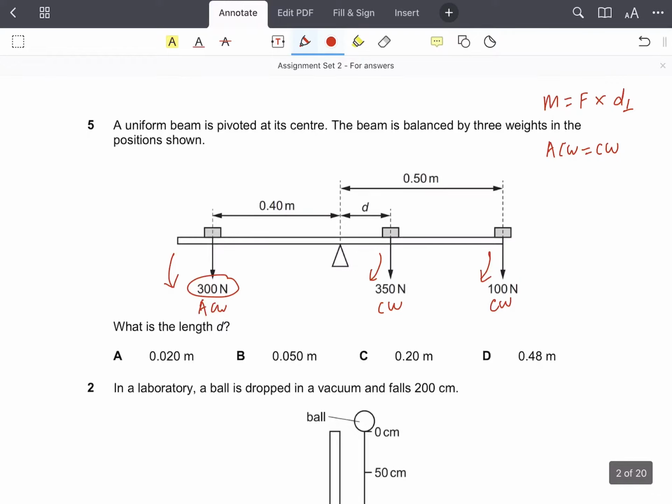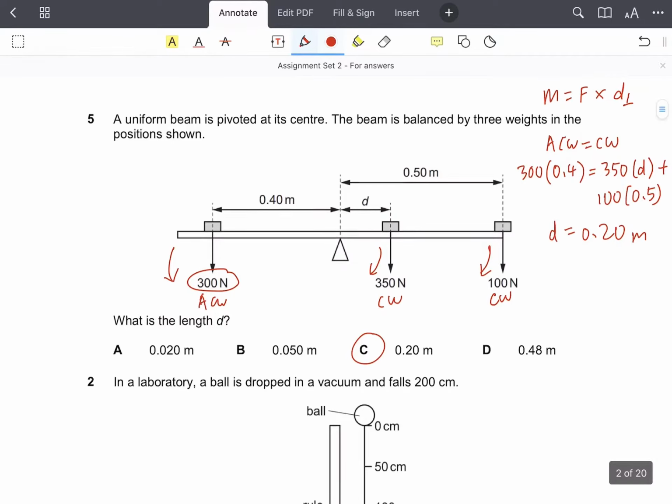So then after that, then you can sub in. So anti-clockwise will be 300 times the distance, which is 0.4, equals clockwise. And clockwise you have 2 items, so do it separately. So 350 times d plus 100 times 0.5. And here you can manipulate, you straight away get d is 0.20 meter.